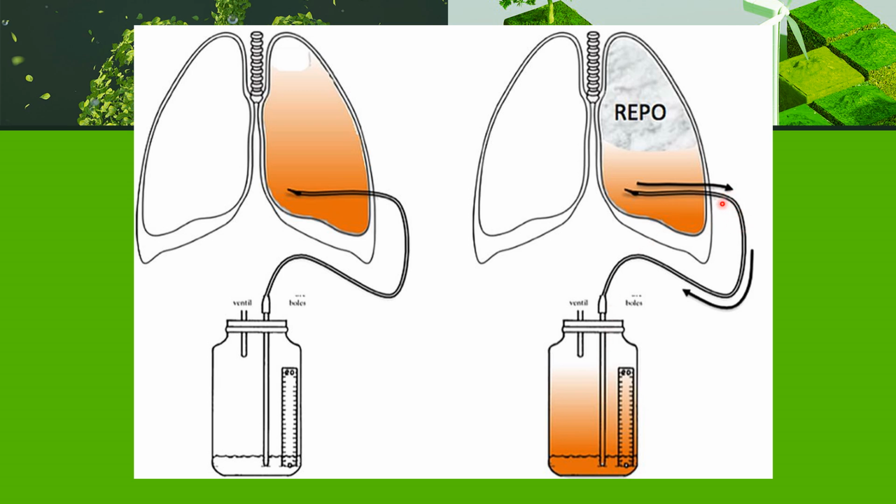After 500 or 700, 800 ml of fluid is aspirated, you clamp the tube for some time and then reopen again, to take out all of the fluid intermittently, not all at the same time. This will be the prevention of re-expansion pulmonary edema. So slowly withdraw the aspirated fluid. So this is the re-expansion or asymmetrical pulmonary edema demonstration X-rays, and this is the chest tube demonstration, showing how to prevent the re-expansion.